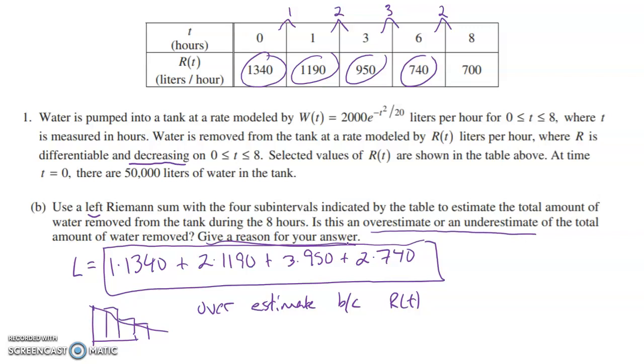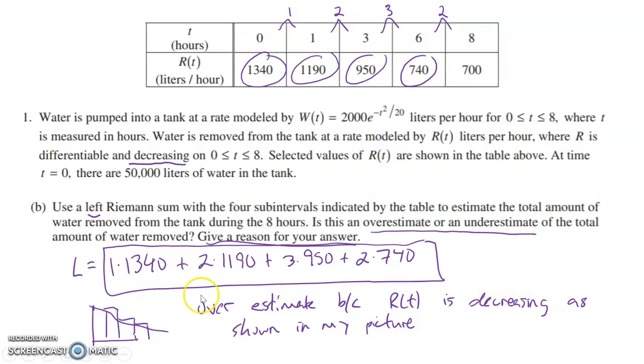So this is my reason: R is decreasing, as shown in my picture. But to be honest, that's optional. You don't have to say that it was shown in the picture. You don't have to draw the picture. Just saying overestimate because R of t is decreasing is enough from the AP's perspective. But I like to write that because I want to make sure I didn't mess it up.